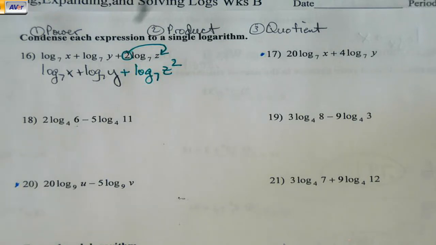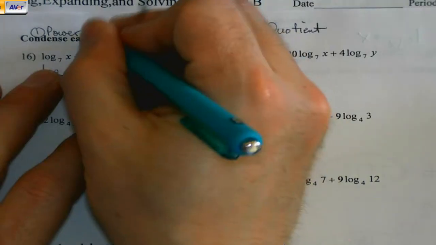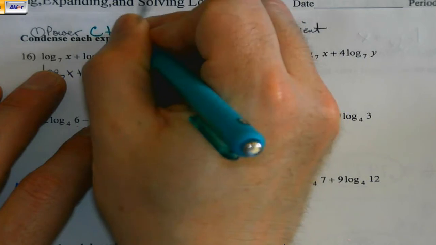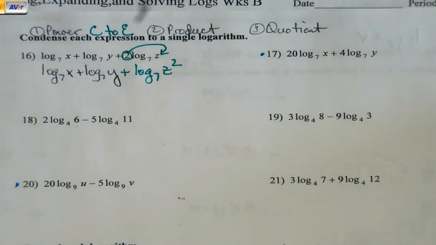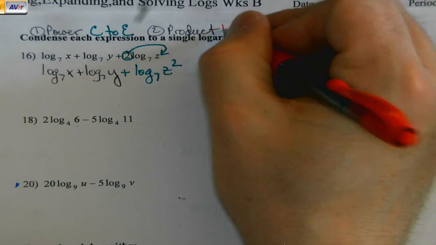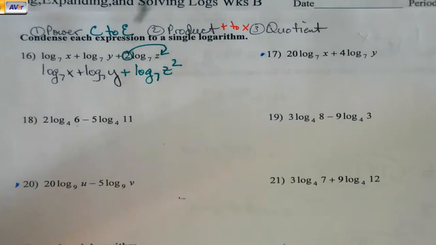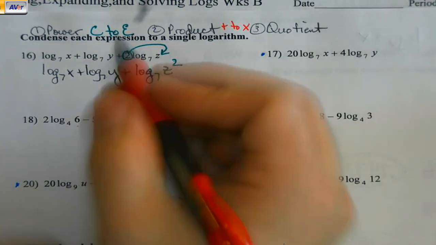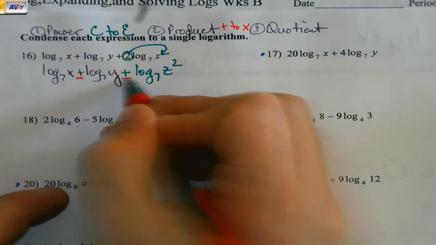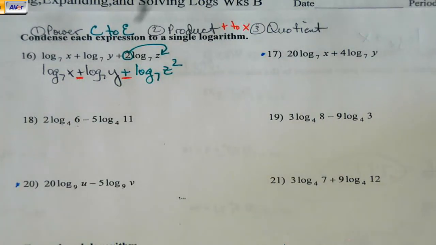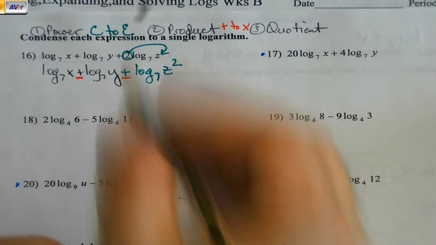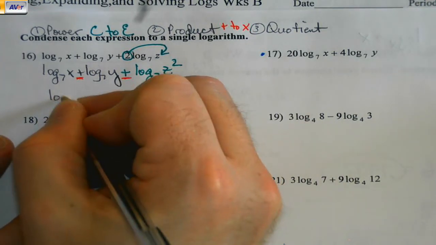So coefficient to exponent. Maybe you need to write it out more than that, but that's all I have room for. Product. Add to multiply. I see 2 of those.